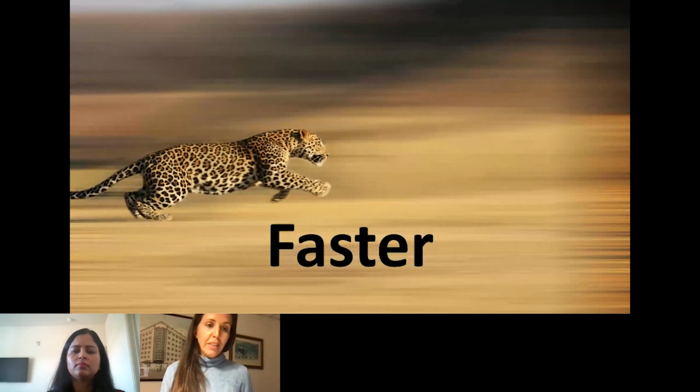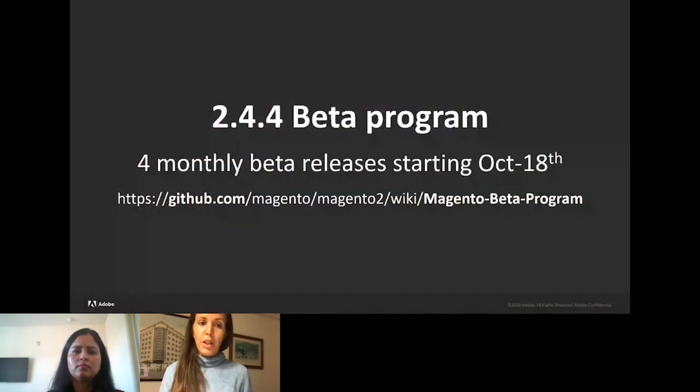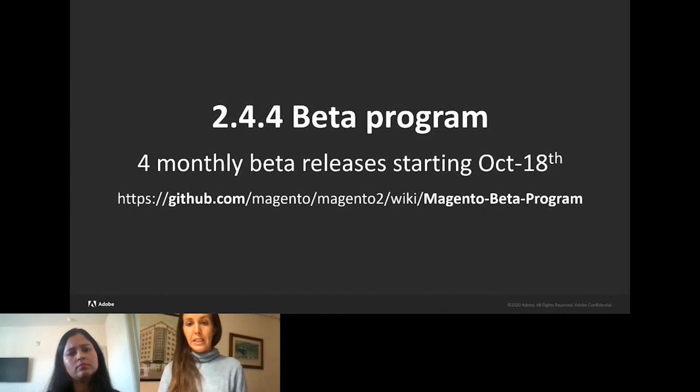Last but not least, what I want to share with you, as Smita already mentioned and as we have shared on our release schedule, is that next year, in March, we are releasing 2.4.4 with PHP upgrades. In order to minimize the impact of these changes, another initiative that we have implemented is the release of multiple monthly beta releases starting October 18th.